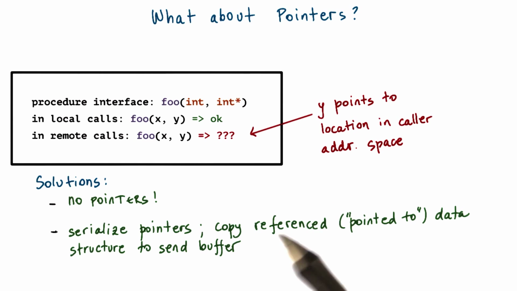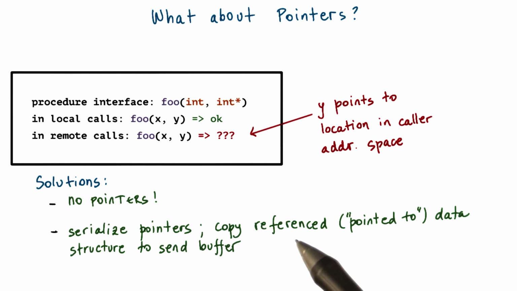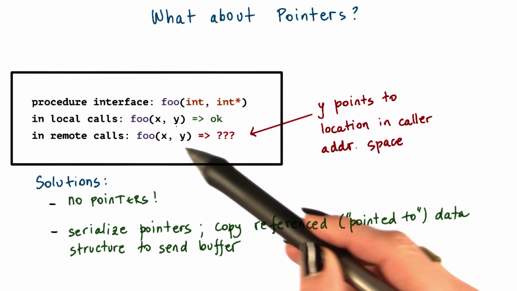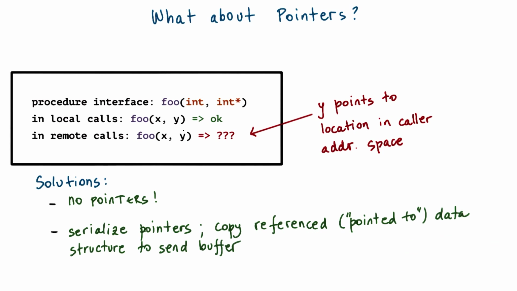The second solution is to allow pointers to be used, but in the RPC runtime to ensure that the marshalling code that gets generated understands the fact that an argument is a pointer, and that instead of just taking that argument and copying it into the send buffer, it actually serializes the pointer.